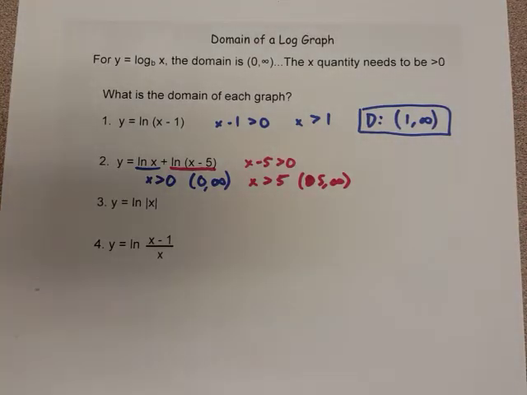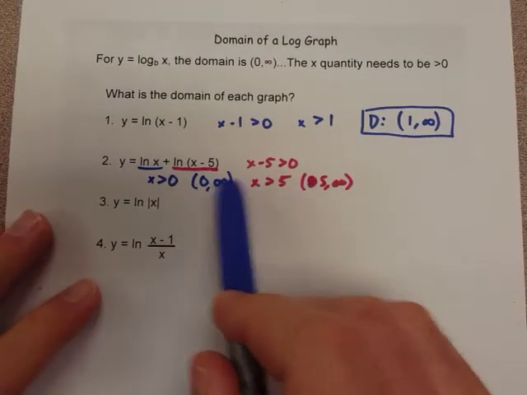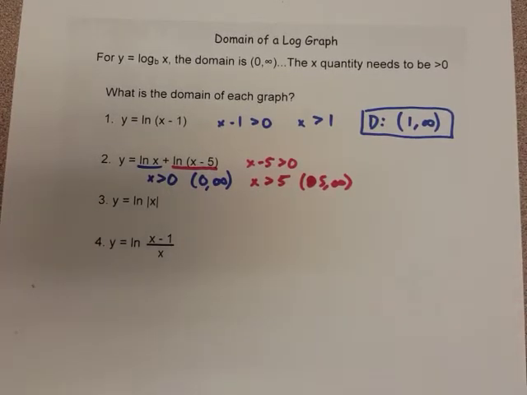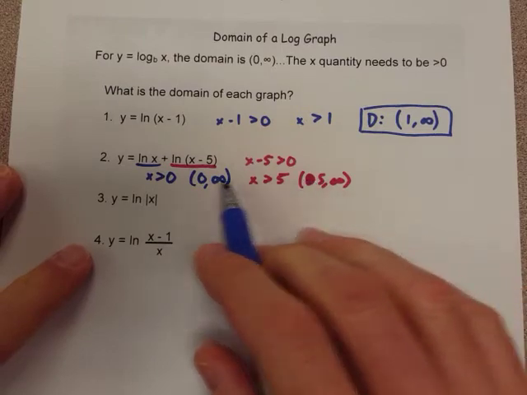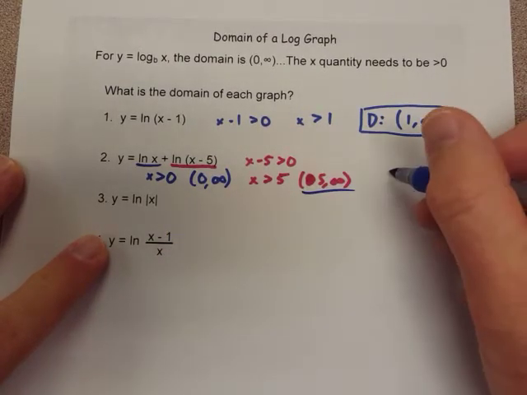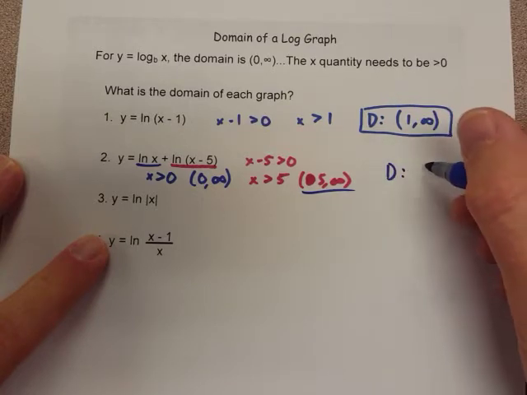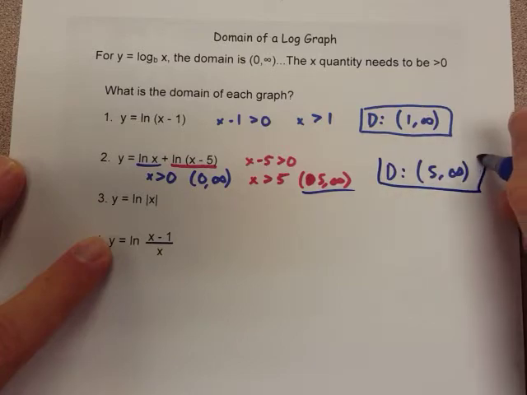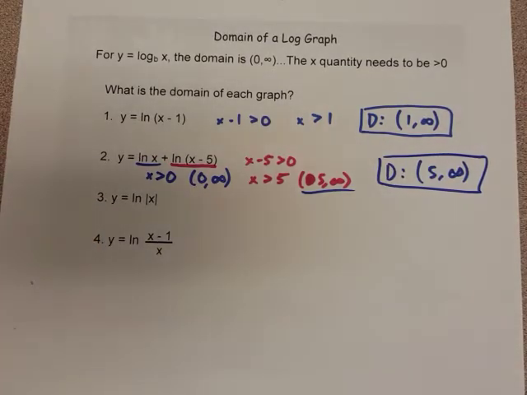So what we need to do now then, looking at those 2 different domains, is decide which one is more restrictive. The more restrictive one is the one that we always want to choose when we're combining things. The more restrictive one is going to be this one right here. So our domain for number 2 is going to be 5 to infinity. Okay? That is number 2.